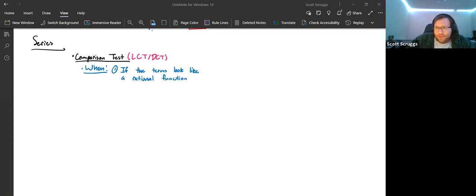Some examples of what I mean by that are like this: k cubed over k to the fourth minus 7k squared minus 1. If I ignore the series right now and just look at the terms themselves, they kind of look like a rational function that I worked with before.